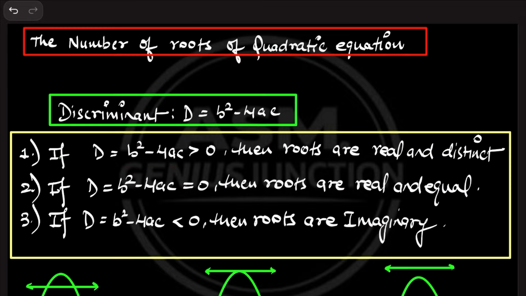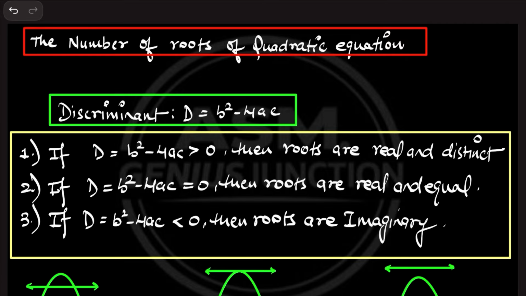As we all know, a quadratic equation means that its degree is 2, so it can have roots up to 2. That means it can have no root, or it can have one root, or it can have a maximum of two roots, right?